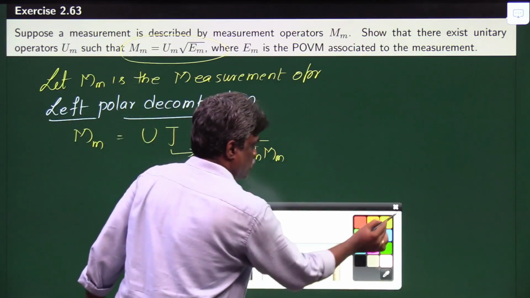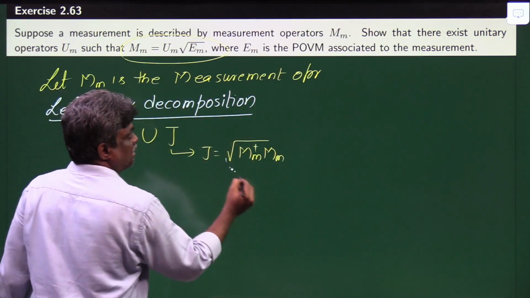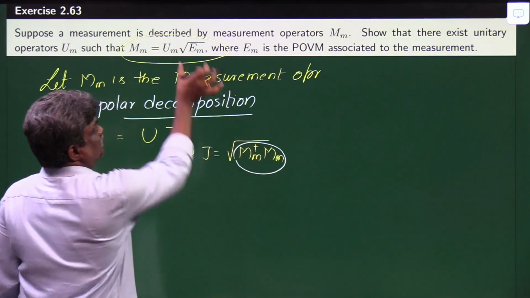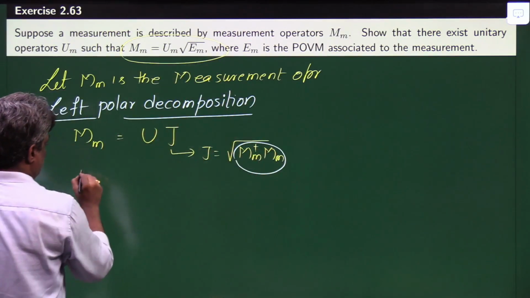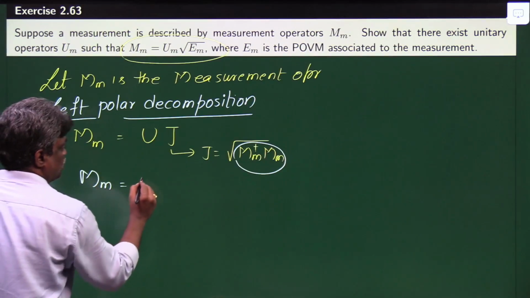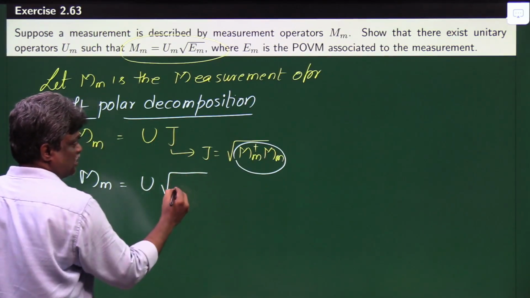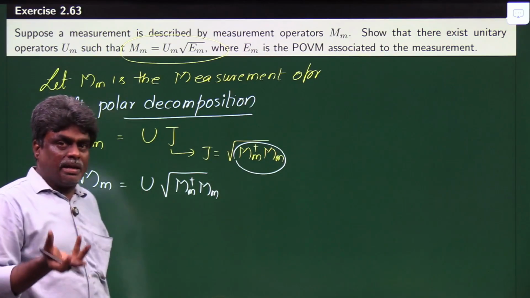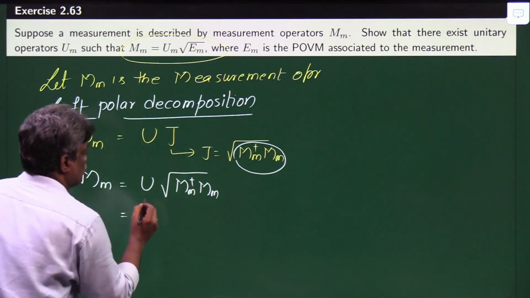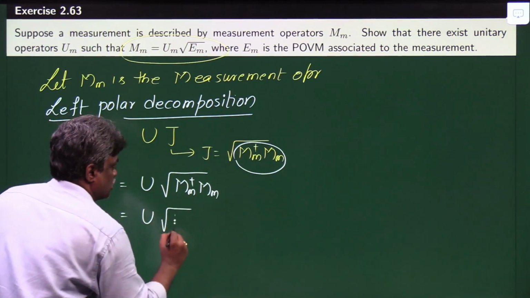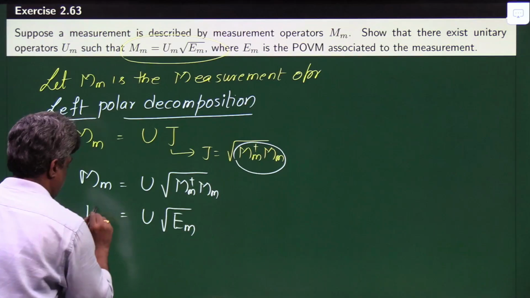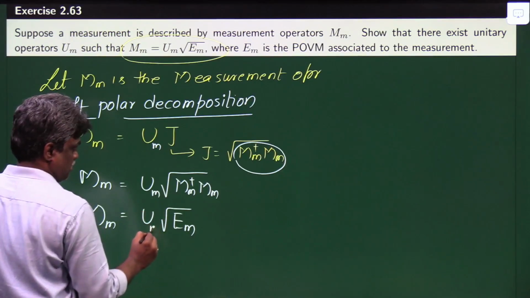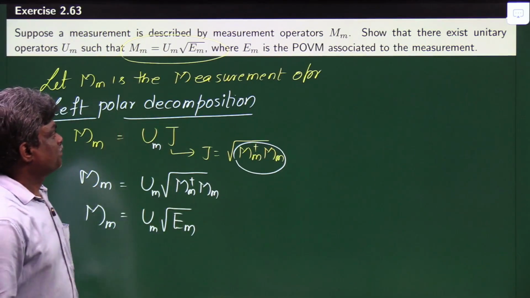M dagger M is nothing but the POVM element. So we can write M equals U under root, in the place of J I'm writing M dagger M, which is nothing but EM. So this is U under root EM. They have used this suffix M here, right? So that's it.